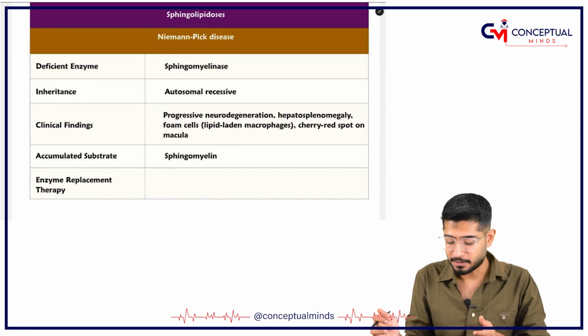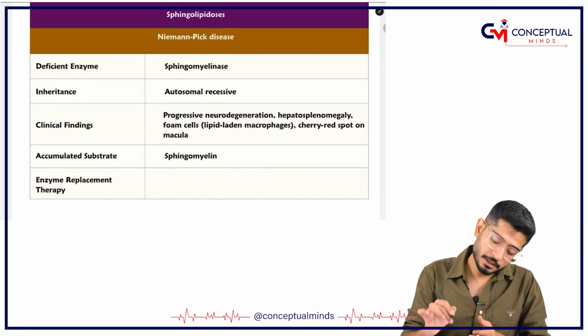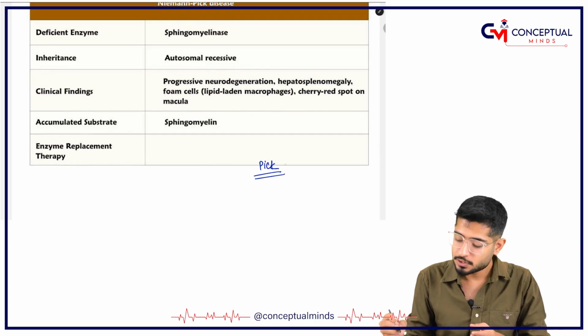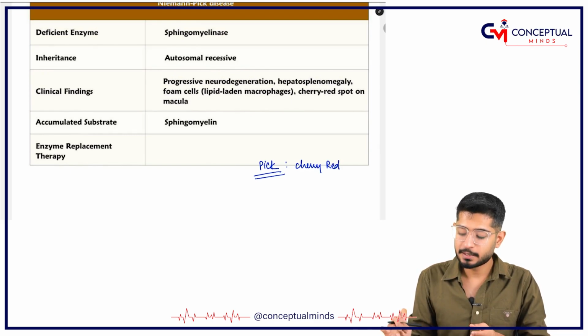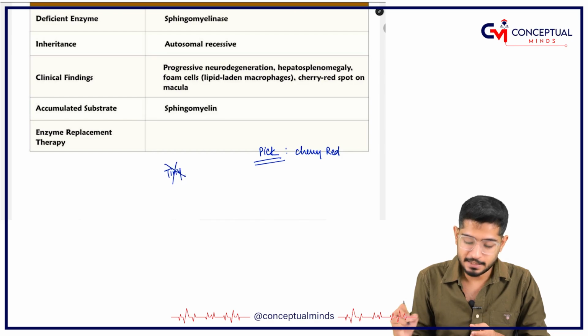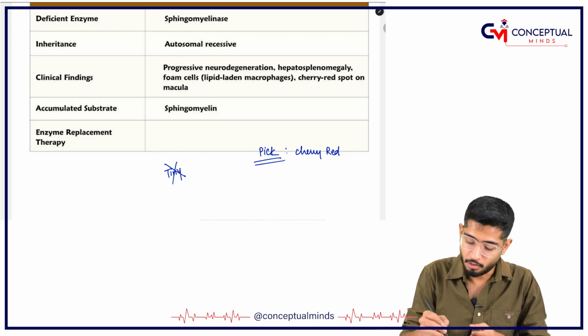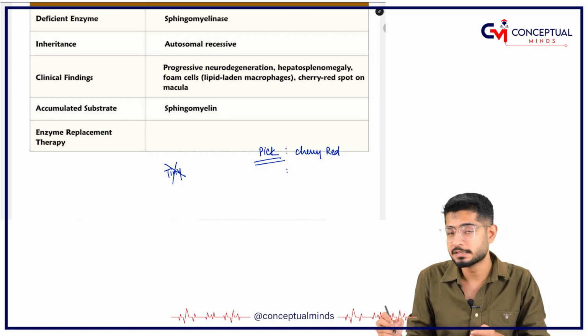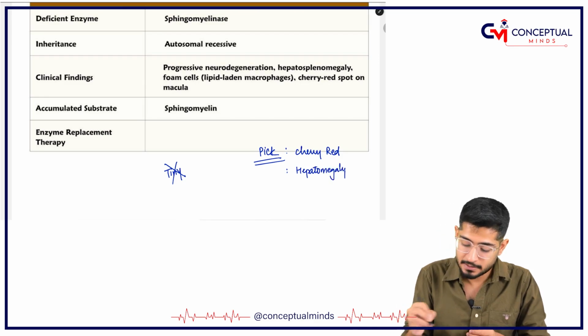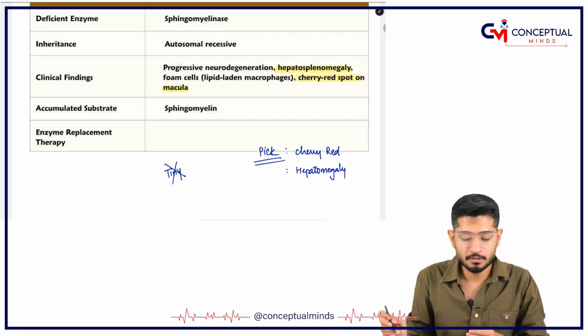Coming on to Niemann-Pick's disease. So Niemann-Pick has to pick something. What is going to pick? Pick the cherry red spot. But remember, how will you differentiate? This is not a tiny organ, this is a big organ disease. So they will have hepatosplenomegaly also, and cherry red spots on the macula, right?